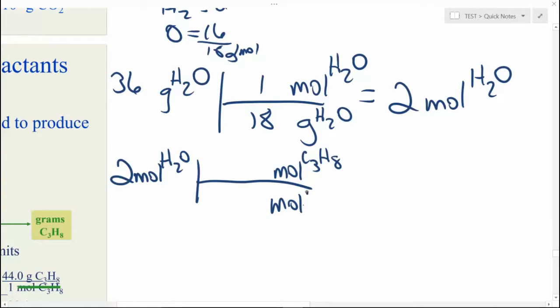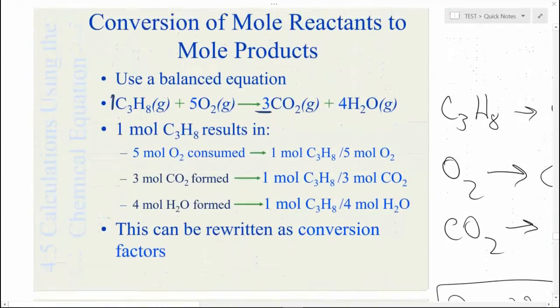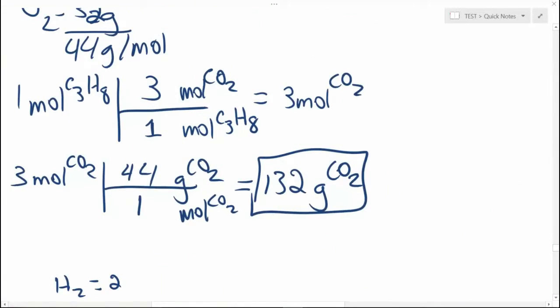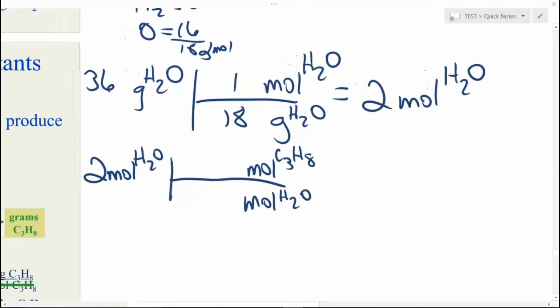I go back to my chemical equation up here, and we can see that there's 4 moles of water for every 1 C3H8. So that's the conversion I need to use: 1 mole of C3H8 for every 4 moles of water. So we have 2 divided by 4 equals 0.5 moles of C3H8. So half of a mole of C3H8 will produce 2 moles of water.